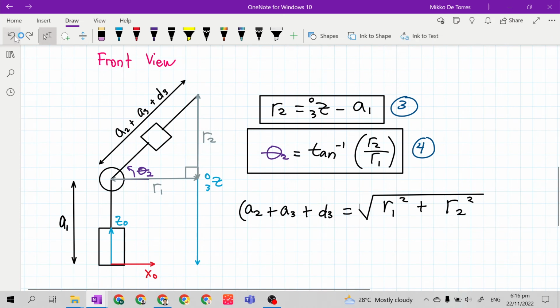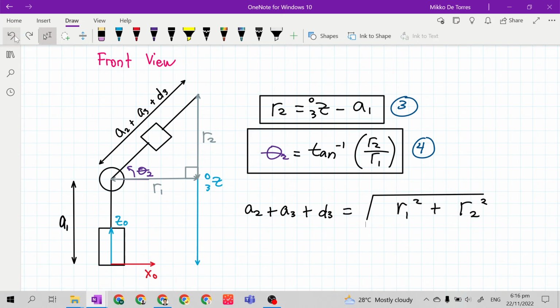What we need to do is just add both sides negative a2 plus a3. We will subtract both sides by minus a2 and minus a3.